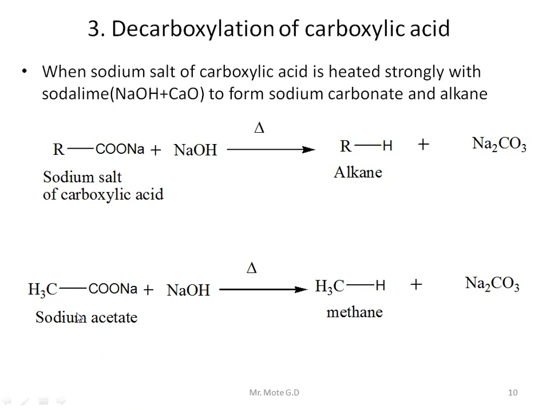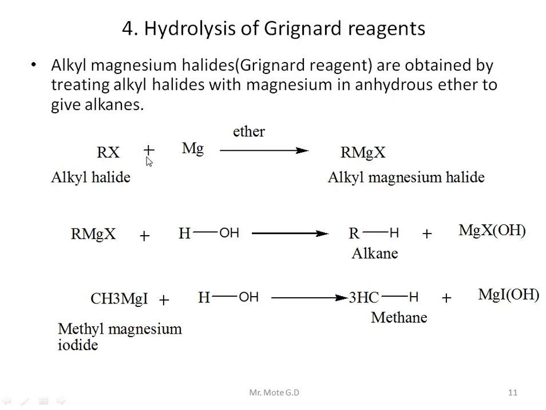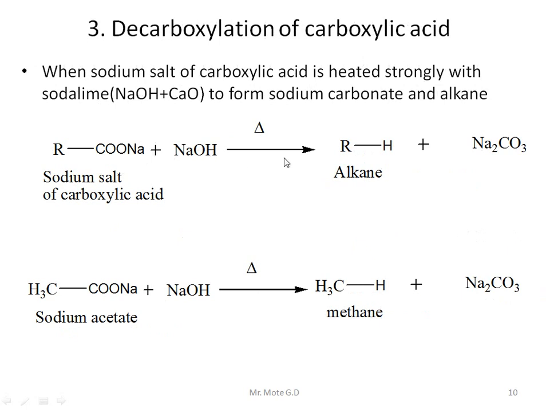So we have the example, sodium acetate treated with sodium hydroxide to form methane. So the carbonyl group will be removed by the NaOH, and Na2CO3 will be formed and the hydrogen atom will be migrated towards this to form alkane. So I have taken one example also.